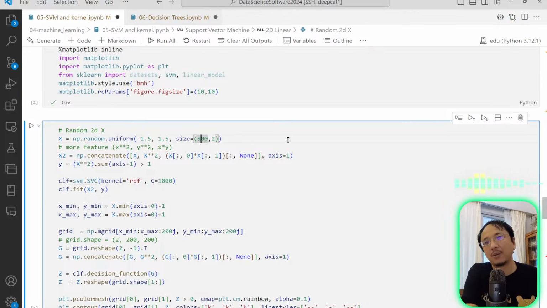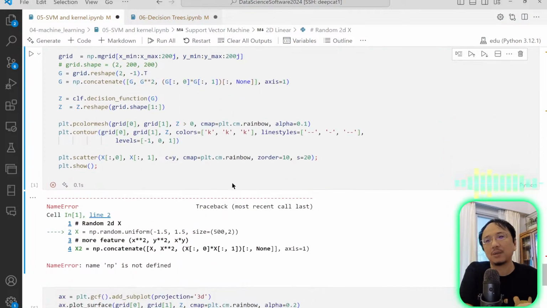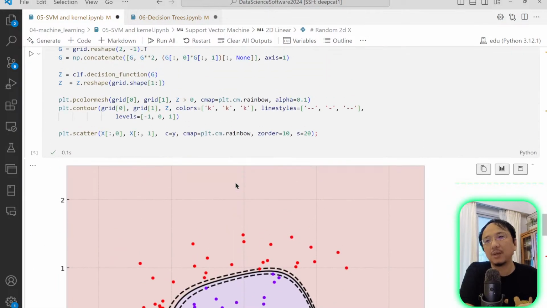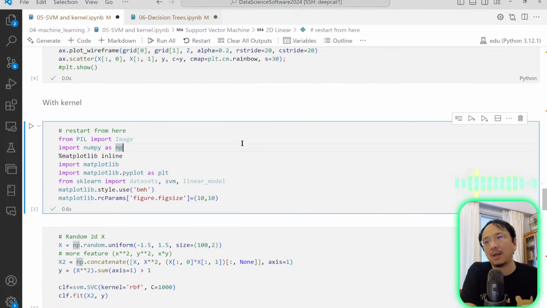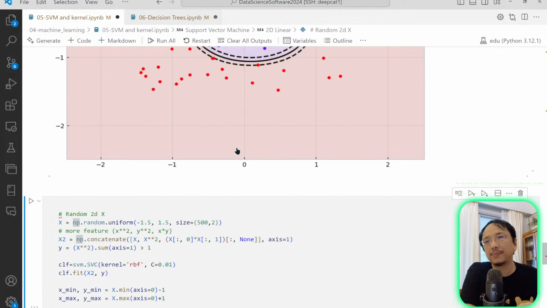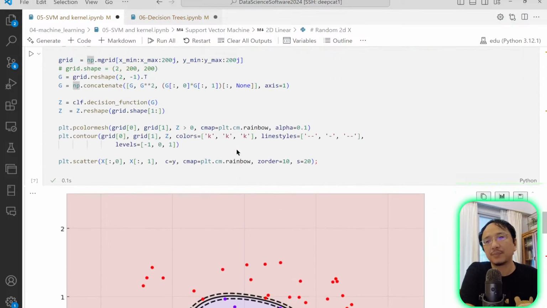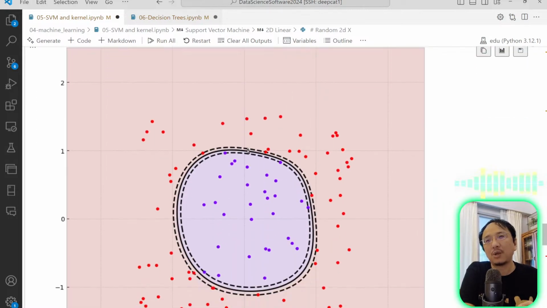We can even make this C greater so that it has a hard margin, not a soft margin. Let me run it again, inline here and here. If I have fewer samples, because you have too few samples, it cannot determine a good boundary. But you can see that it is hard enough.